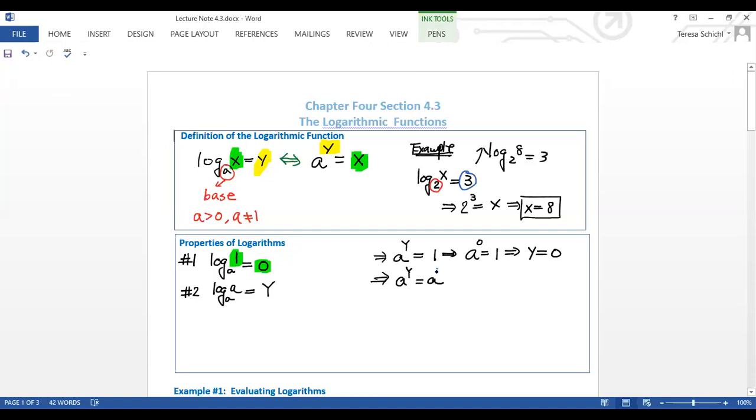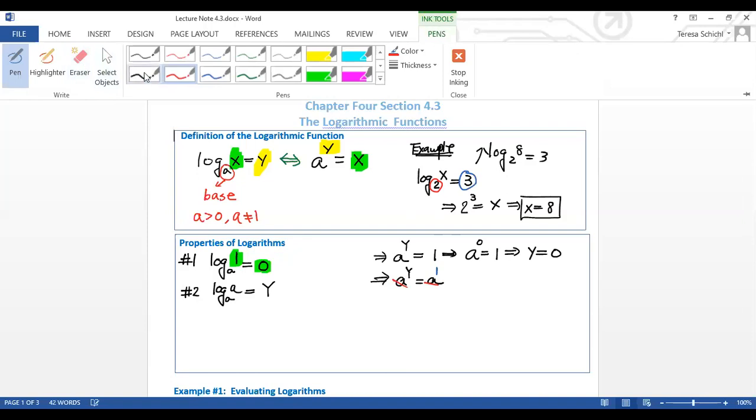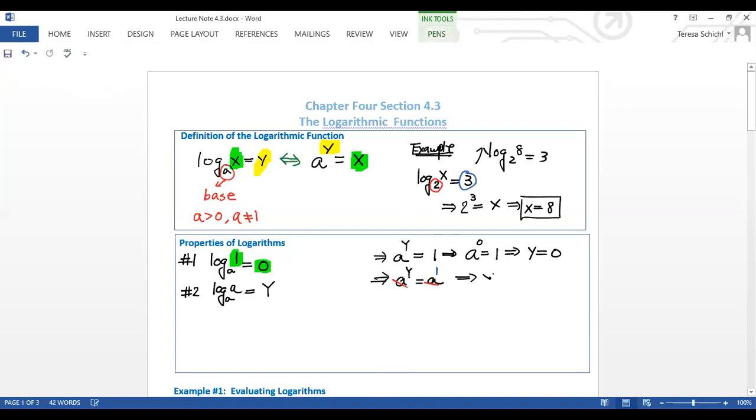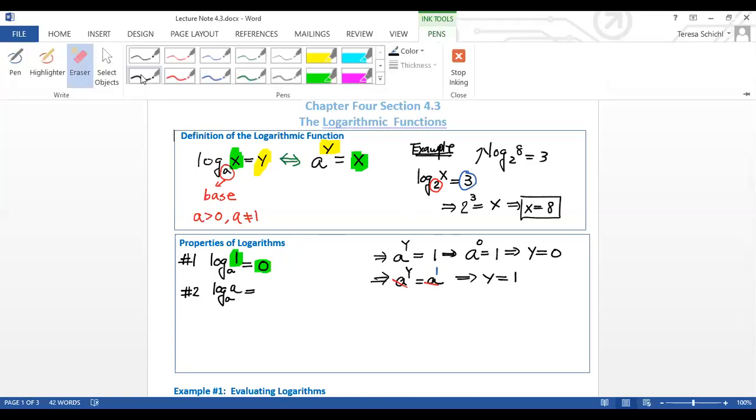It is really the first power. They have the same base, so basically you can remove the base. And so what is your y value? The y value is equal to 1. So this one gives us our second very good property.